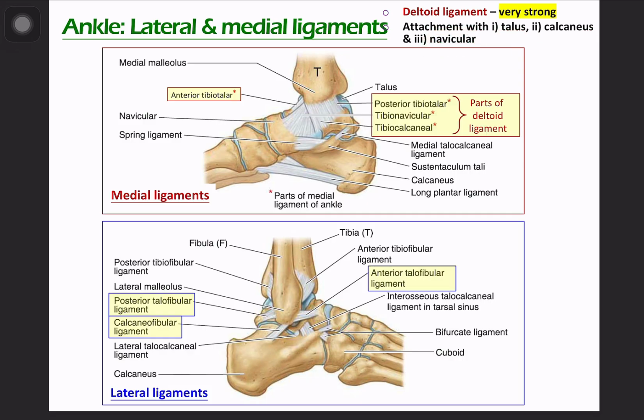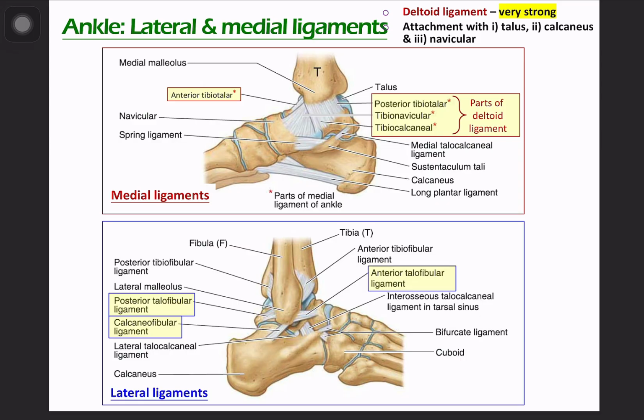So there should be 1, 2, 3, 4, four members in the deltoid ligaments, right? But of course, these three are the major ones, very obvious ones. This one is relatively tiny, relatively small. But yeah, I guess you guys are very smart. You see that we have a posterior tibiotalar, which means that we must have an anterior counterpart here as well.